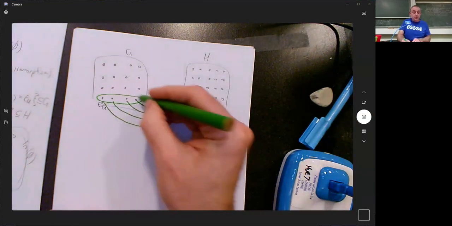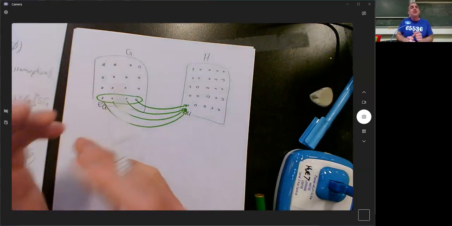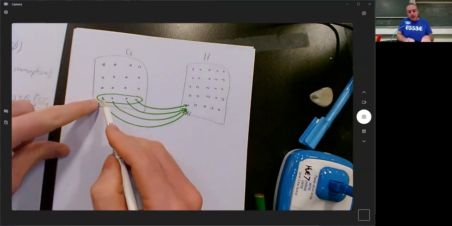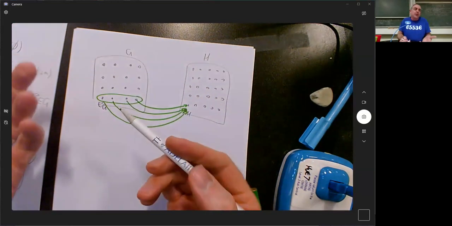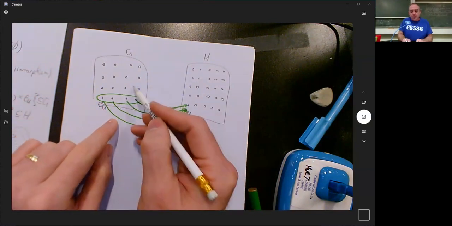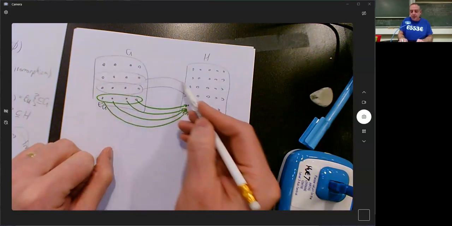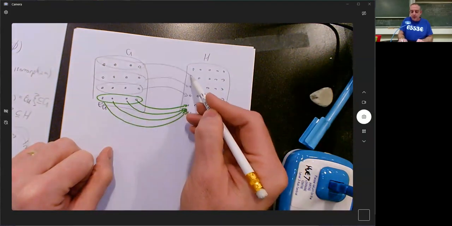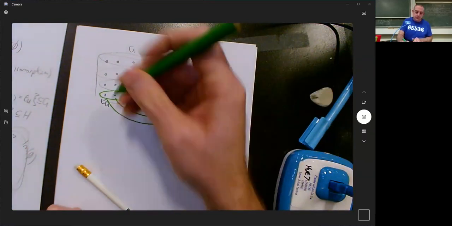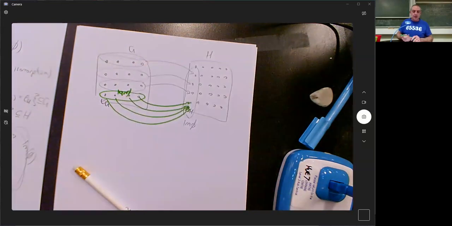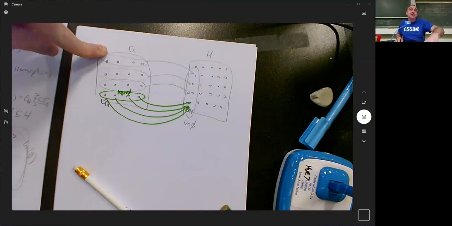And so this is the kernel just there. Then what's going to happen is that because it is a homomorphism, I know to get from any one of these to any one of these, I can multiply by something, if it's a multiplication group. And so all of these will end up at the same place, and all of these will end up at the same place, and all of these will end up at the same place. And so I'll get an image like this. And so what I'll end up with is all these copies of the kernel inside G, they are cosets.